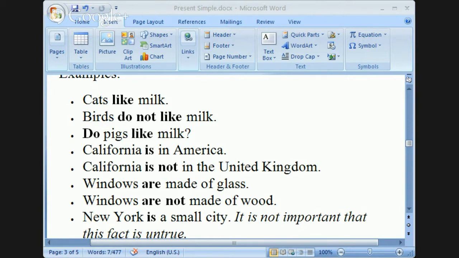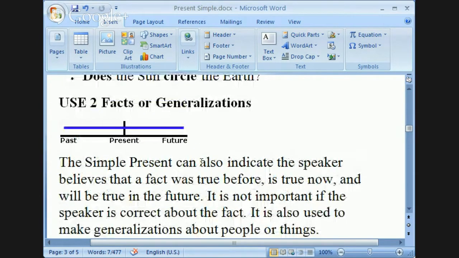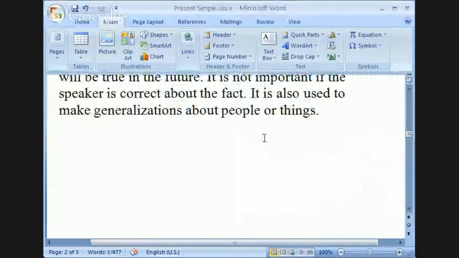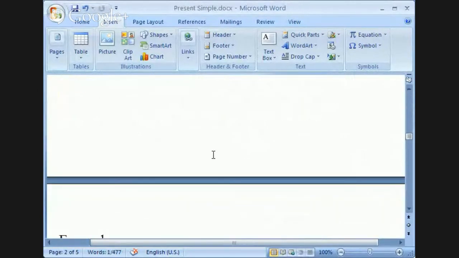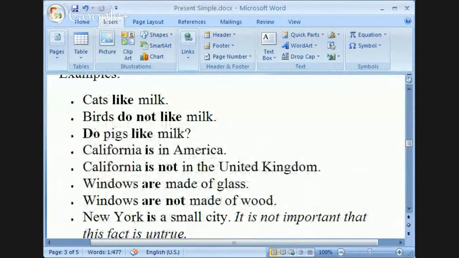All right, let's try something else. Same usage, but let's try generalization. Specifically, let's talk about stereotypes. Tell me a stereotype about where you live.